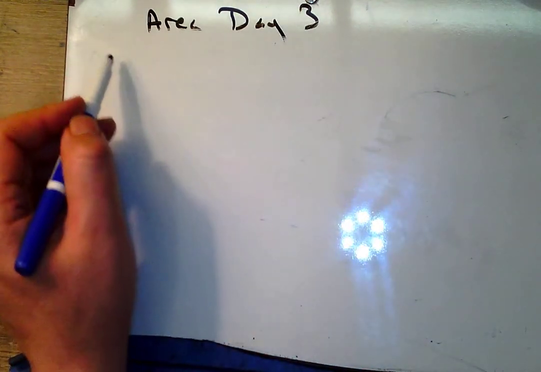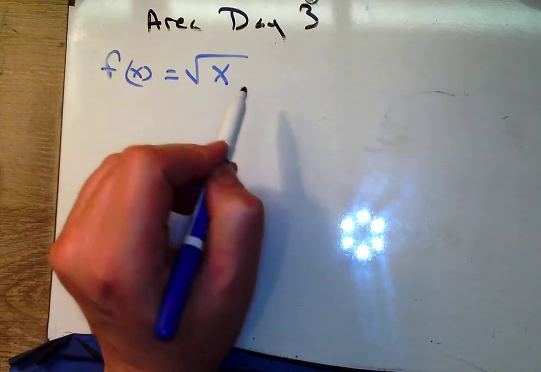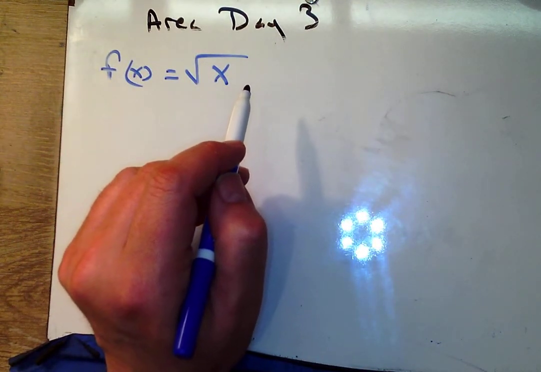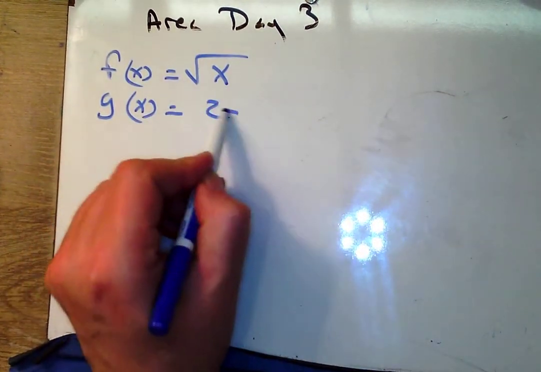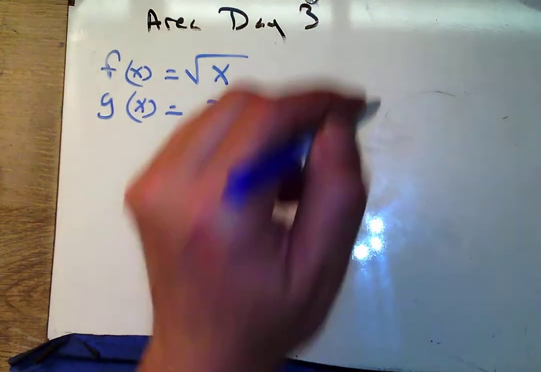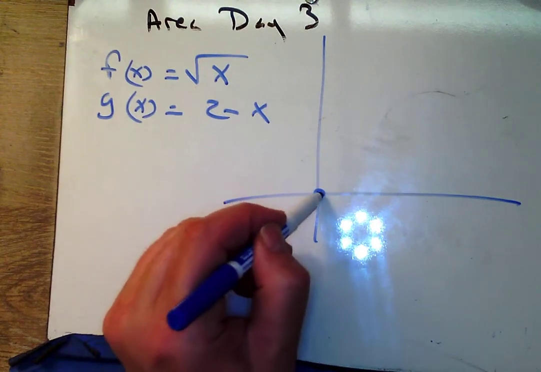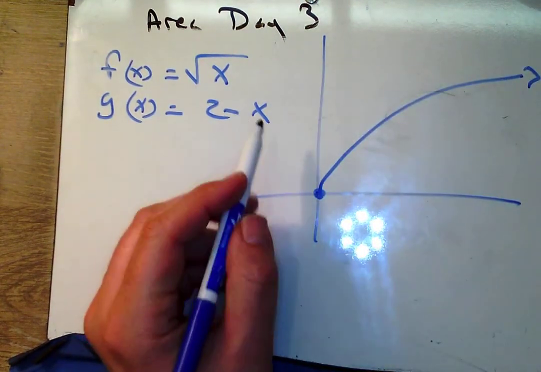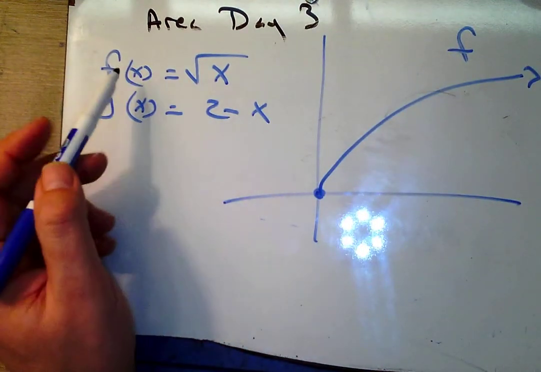Okay, so what if my functions are square root of x and 2 minus x? Let's think about this situation. We've got square root of x, and that's f, and what about g?